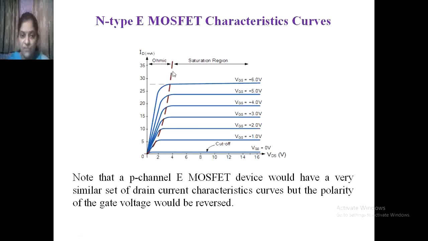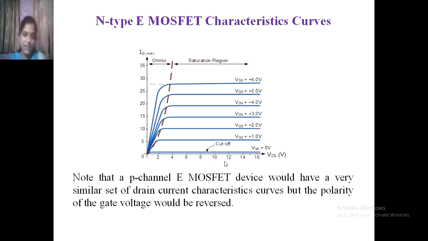Here actually three regions of the E-MOSFET are shown. Ohmic region, where the MOSFET will work as a variable resistor. Then saturation region, where the ID current is constant and it is better for amplification, and the cutoff, that is the off mode. Note that the P-channel E-MOSFET device would have a very similar set of drain current characteristics, but the polarity of the gate voltage would be reversed.